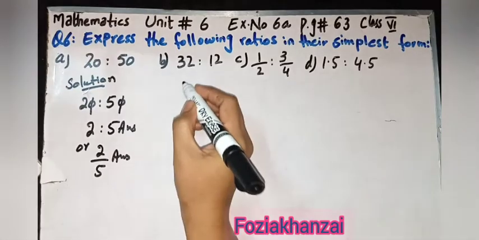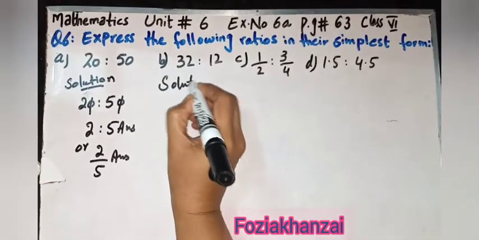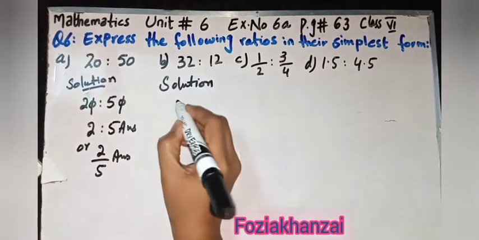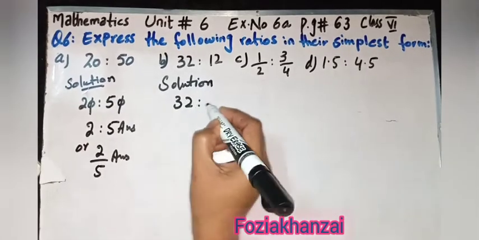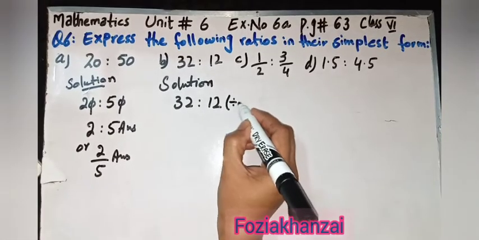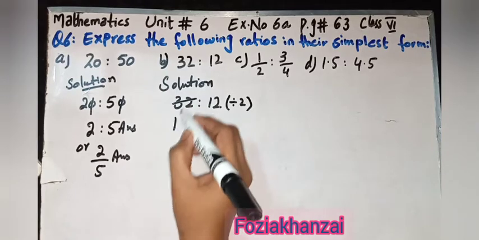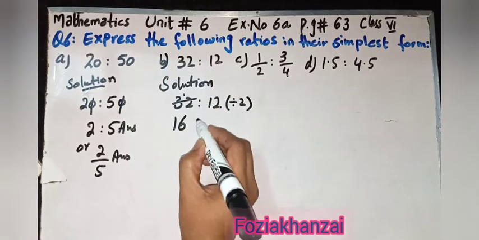Now second part, 32 is to 12. 32 ratio 12. So reduce, divide by 2. 2 ones are 2, 1 is left, 2 sixes are 12.